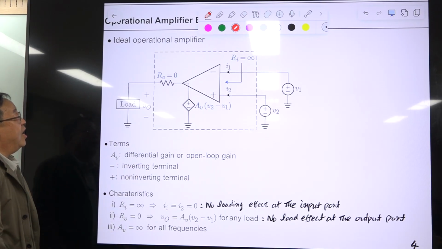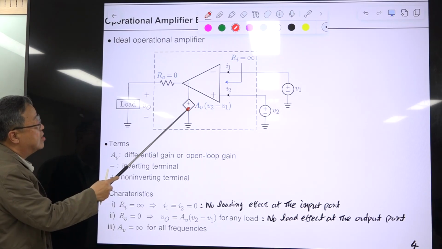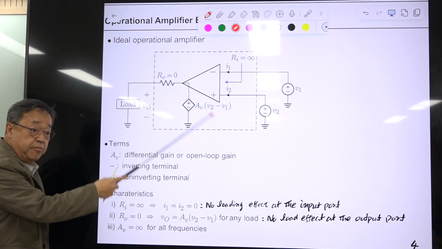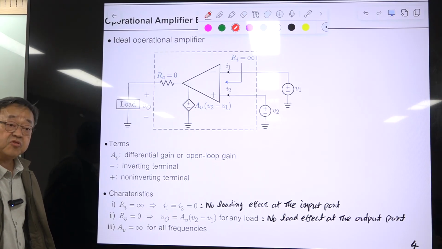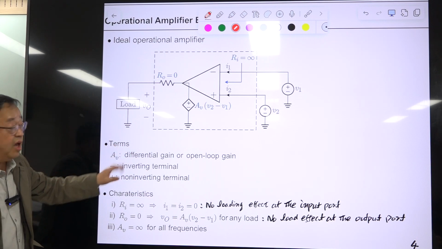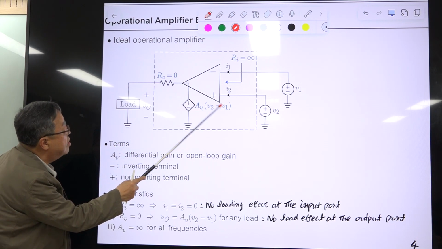Okay, and the voltage at the output is given by this. There is some voltage gain. This is the fixed gain, very large, infinity for the ideal case, and frequency independent. Okay, and the input of that is V2 minus V1.